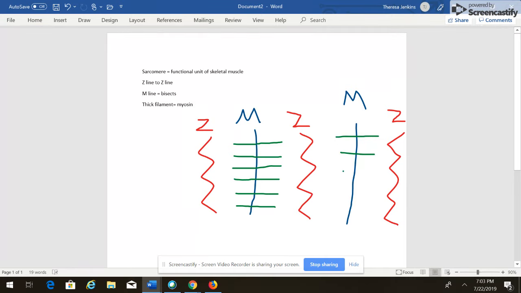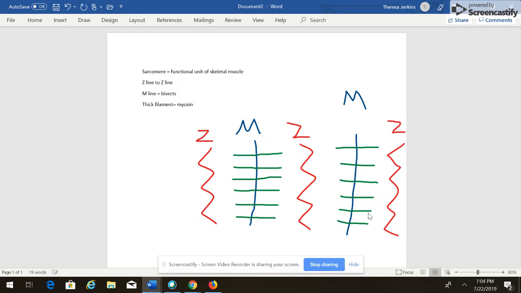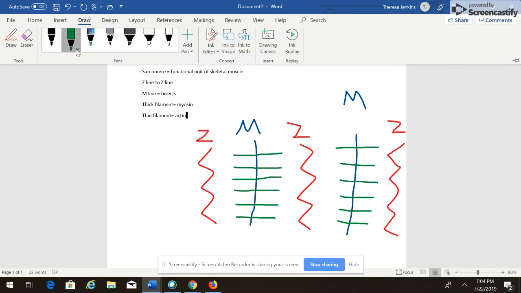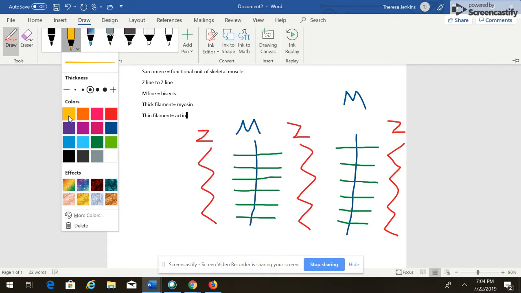Myosin is a thick filament. Now we also have a thin filament, and this is actin. Actin is going to come from our Z line.